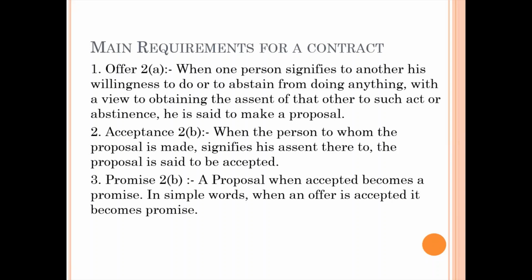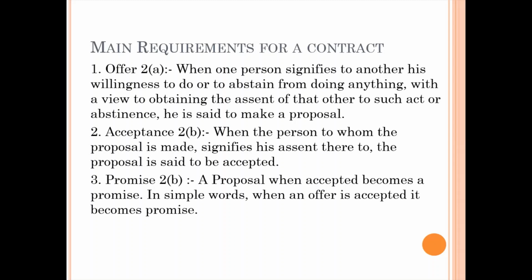The second one is acceptance. When one party gives an offer or proposal to another party and the second party accepts that proposal, this is called acceptance. If the second party rejects the offer, then the contract terminates at that time. It will not grow.